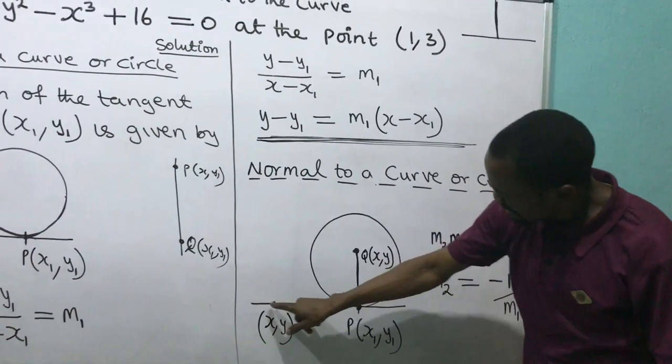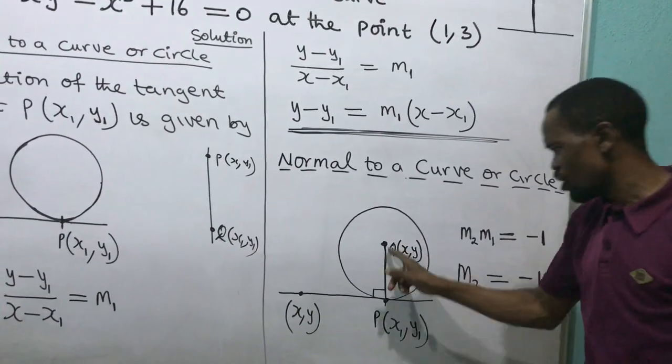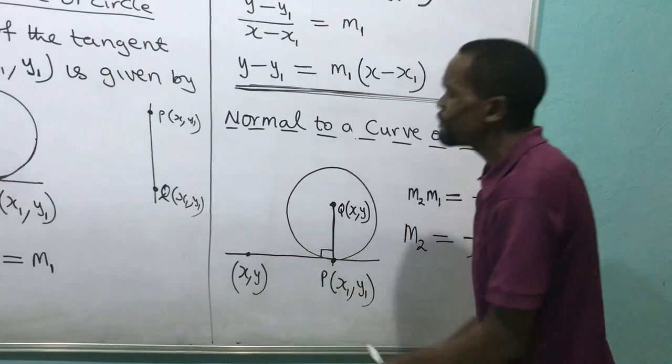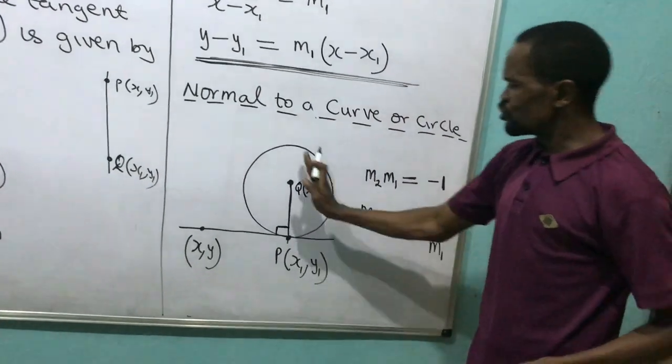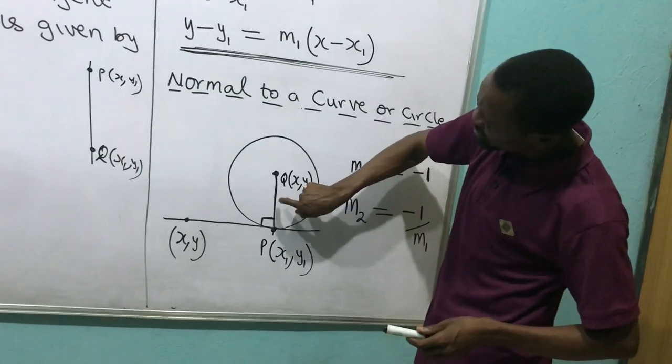So you now see this is the tangent line. Look at the normal line. These two lines are perpendicular to each other. That's why you see 90 degrees. Without them being perpendicular, this line is not a normal.